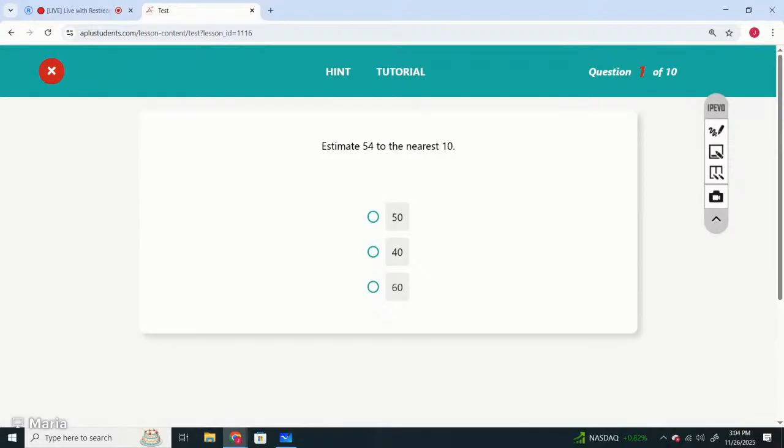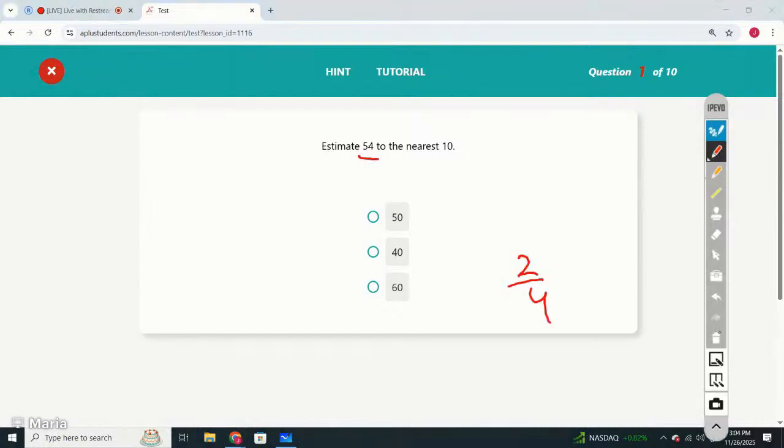Basically, every number is between two tens, right? Here you have 54. So 54 is between two tens, 50 and 60, and 55 is exactly the halfway between 50 and 60. So 54 is before 55.